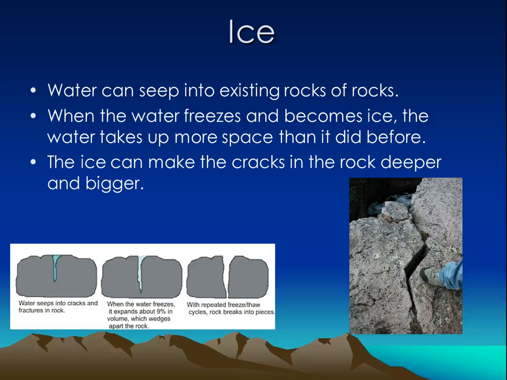The ice then will make cracks in the rock deeper and bigger, causing it to weather, causing it to break apart. This process scientists call frost wedging. There you see some pictures in your notes and on the screen of how that works and what that looks like in the real world.